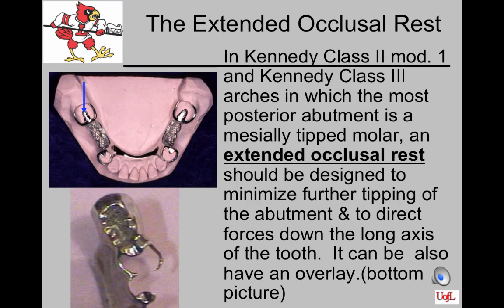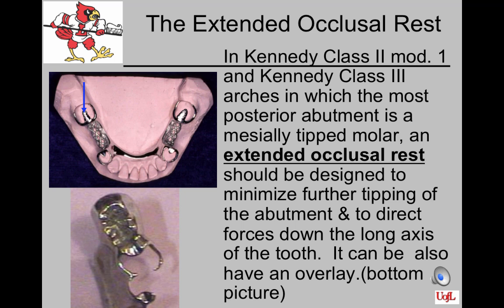In the Kennedy Class II Mod 1 and Kennedy Class III arches, where the most posterior abutment is a mesially tipped molar, an extended occlusal rest should be designed to minimize further tipping of the abutment and to direct forces down the long axis of the tooth. The long occlusal rest extends to the distal fossa of the molar.